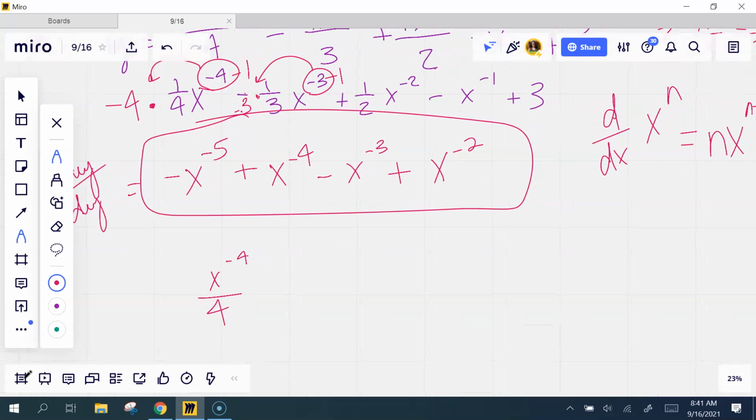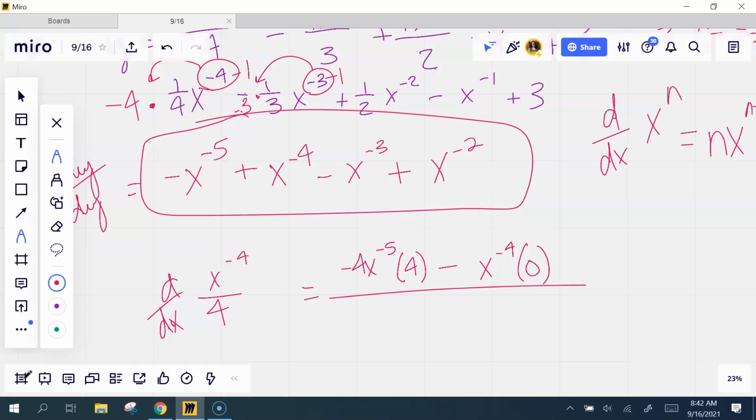So Lizzie, what I would do is, if I'm doing the derivative here, derivative of the top, that would be negative 4x to the negative 5 times the bottom minus the top times derivative of the bottom, which is 0, all over the bottom squared.